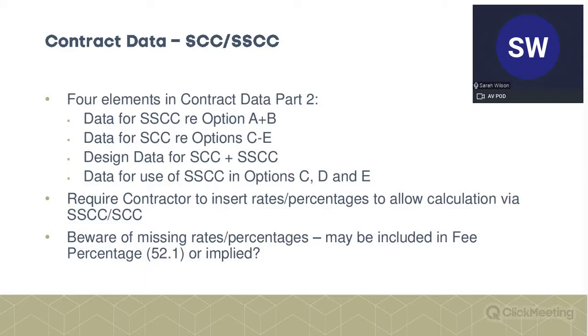If those rates and percentages aren't there, it looks like it's 0% of whatever, and we know that 0% is 0. If it's a rate, then if it's 20 hours at 0 rate, it's still 0. So that's the point at the final bullet point.